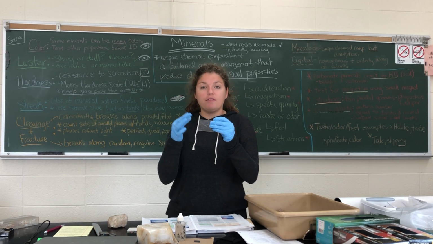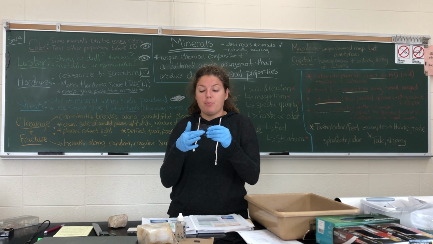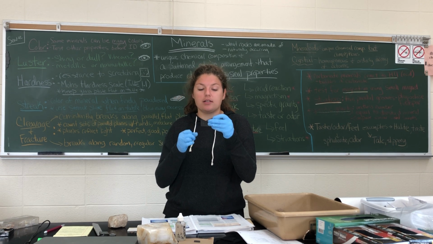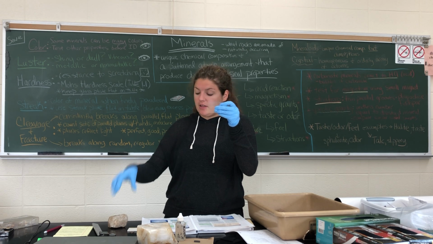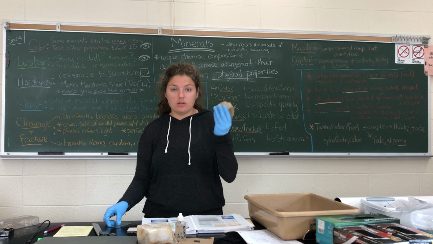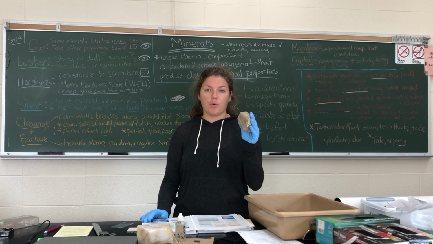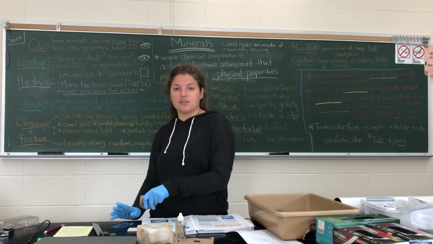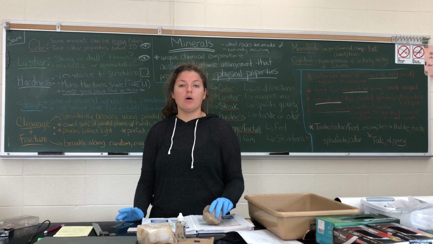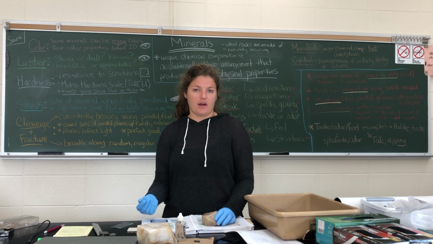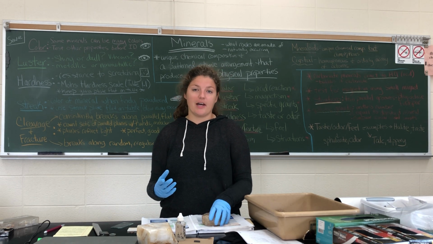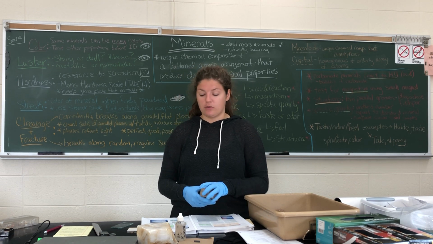I'm going to brush it off after because minerals also powder, and we don't want to see the powder, we want to see if it truly scratched the glass. We can see here that this mineral scratched the glass. What that means is that the mineral is harder than 5 to 5.5 because it scratched the glass. If the mineral didn't scratch the glass, then we would know that it's softer than 5.5. And again, we could make a range, between 3.5 and 5.5 would be the hardness of the mineral.